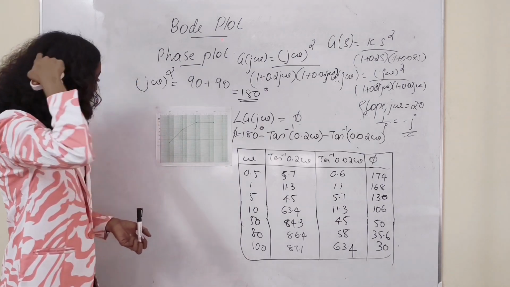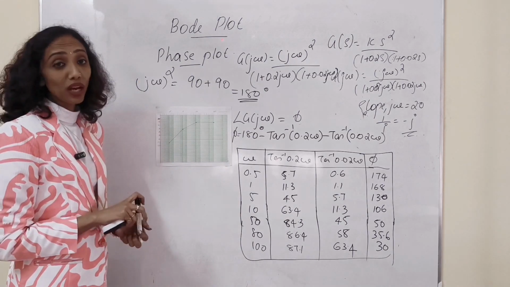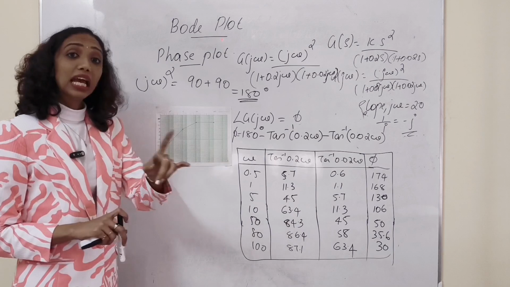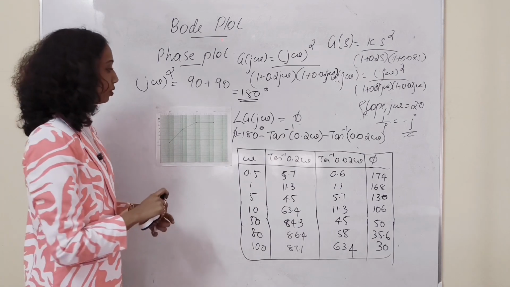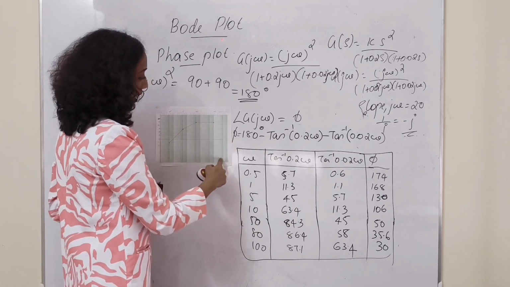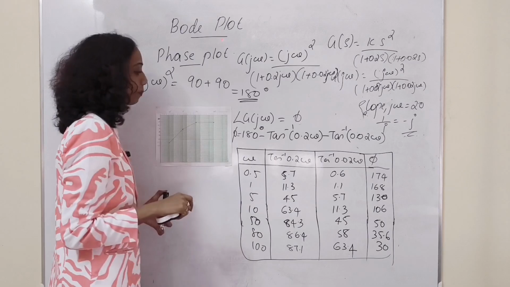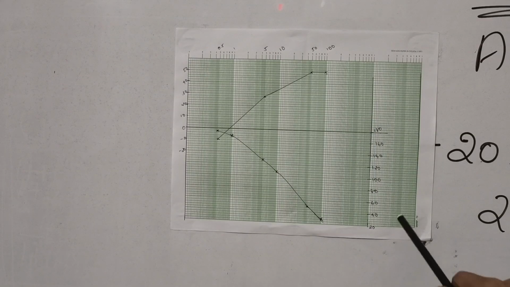On the left side we take the magnitude values, and here we have the phase values. On the right side, the values are 20, 40, 60, 80, 100, 120, 140, 160, 180, because all the angles lie between 20 and 180.